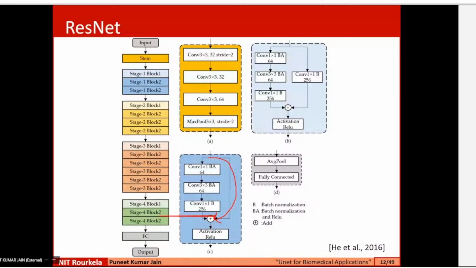And that's how, up to a certain extent, the vanishing gradient issue was resolved, and that's why ResNet produces very good results. In fact, in many recent applications, we use ResNet models in one way or another.